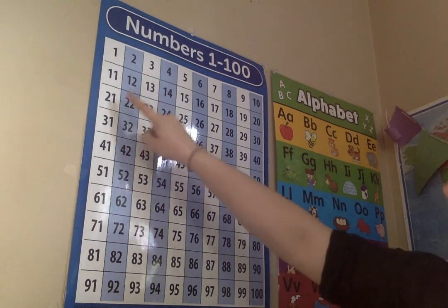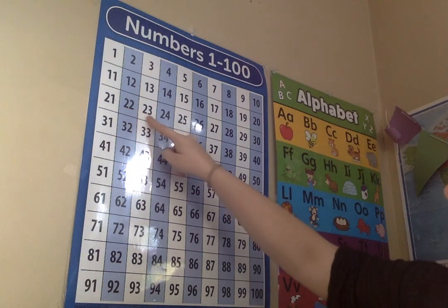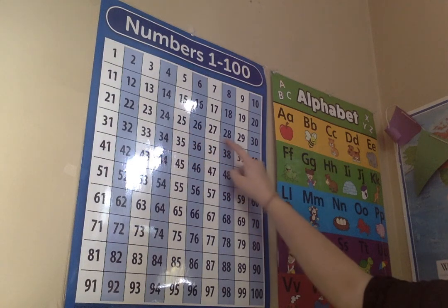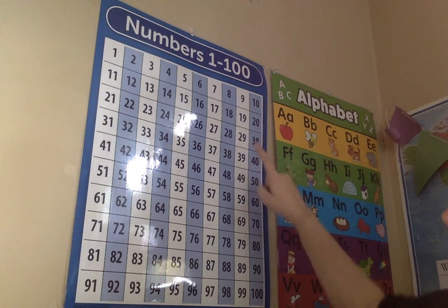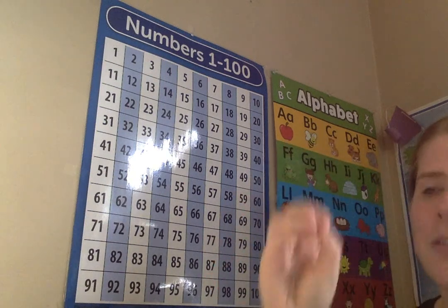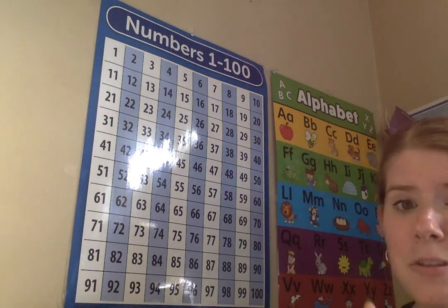There, that one has a 0. 20. Let's find the next number with a 5. 25 has a 5 on the end. Now let's go. Find one with a 0. 30. So it goes 5, 0, 5, 0, 5, 0 when you count by 5's back and forth.